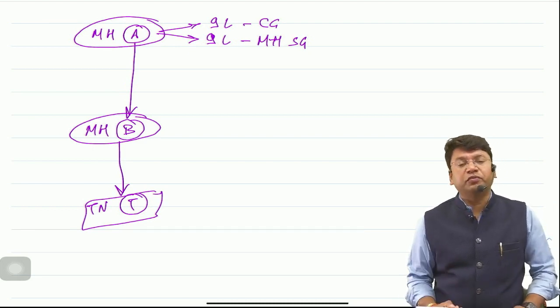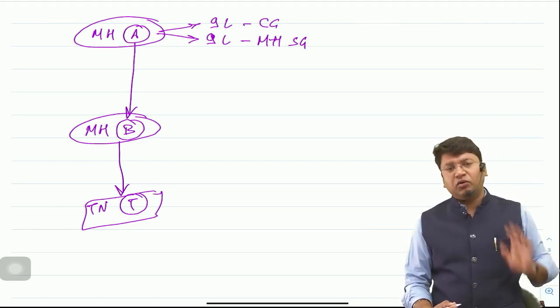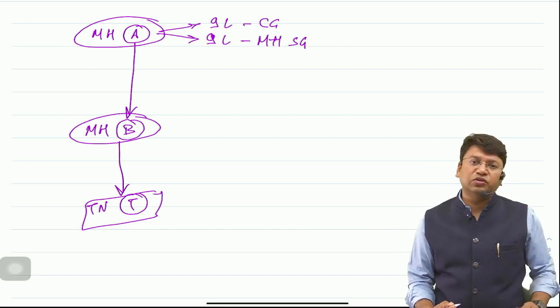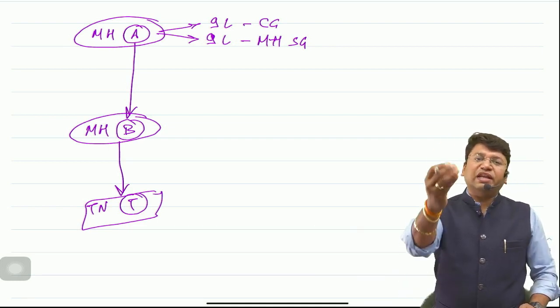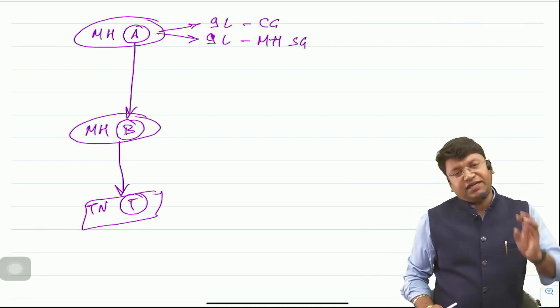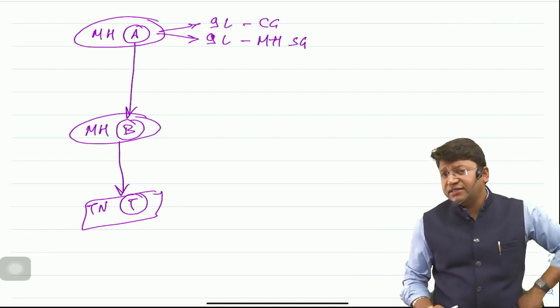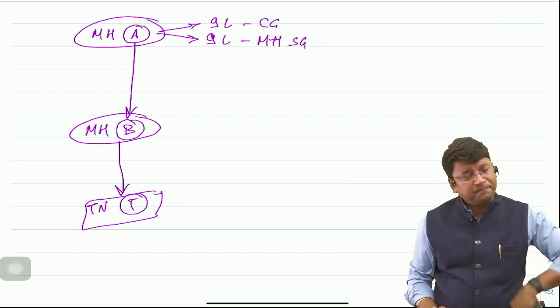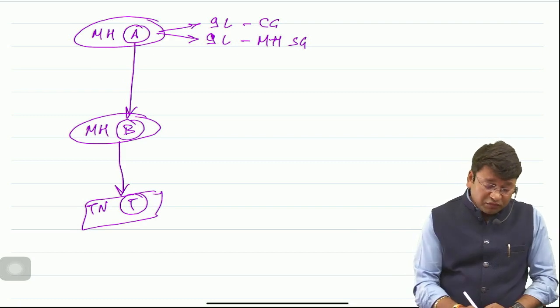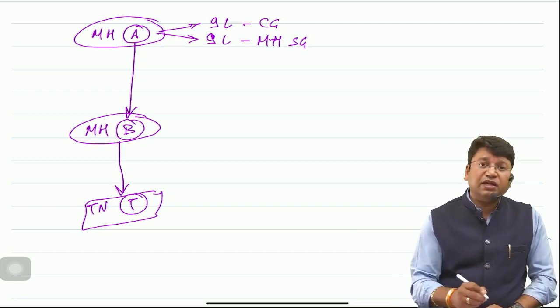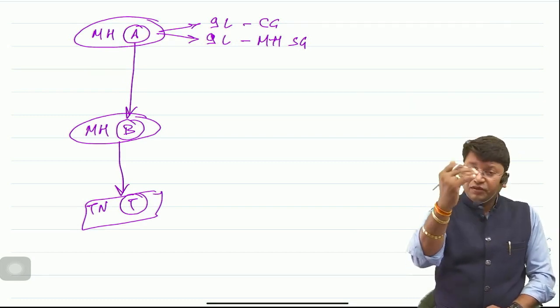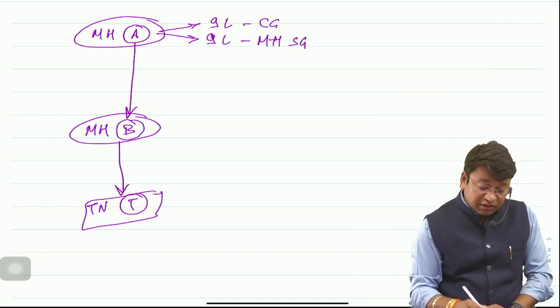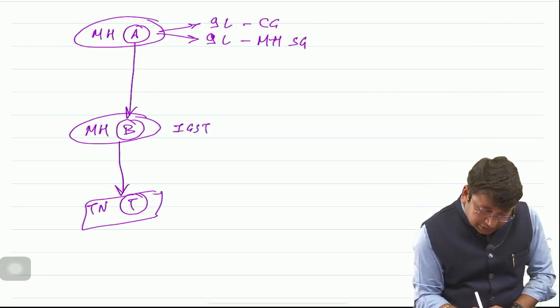Suppose goods were sold for rupees XYZ amount, and the tax amount comes to rupees 20 lakhs. Suppose 10 lakh is the CGST, 10 lakh is the SGST. Okay, sir, now Mr. T will pay 20 lakh of tax to Mr. B. Sir, this 20 lakh will be IGST.